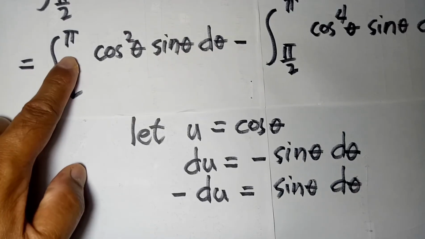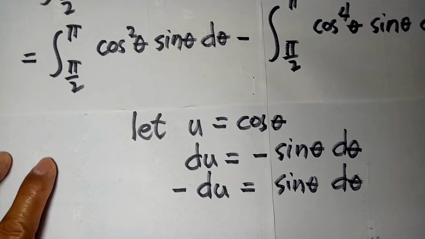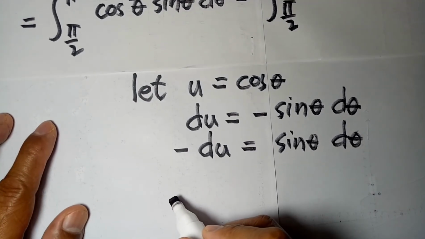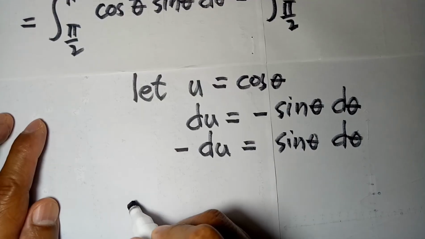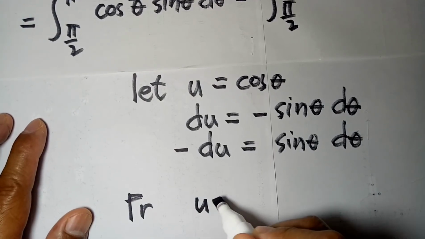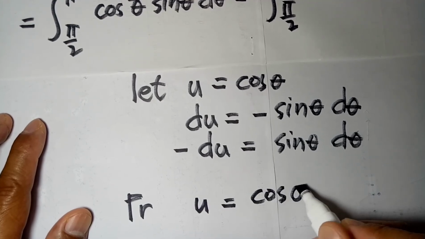Okay, sulat natin ngayon yung limits na pi over 2 at pi in terms of u. From u equals cosine of theta.